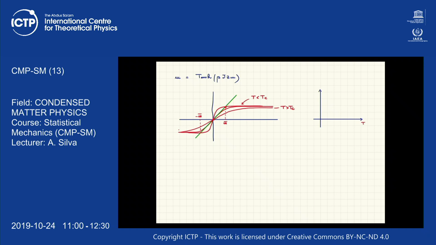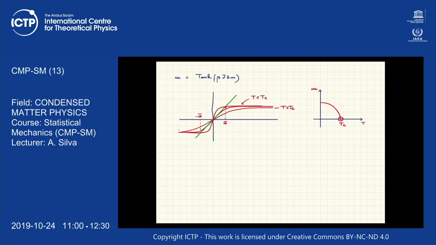So this is temperature, this is Tc, and I would get something that looks like this. You can do it on a computer if you don't believe me, but you will see that it looks like this. Now, what is interesting is to compute the way the magnetization vanishes at the critical point.